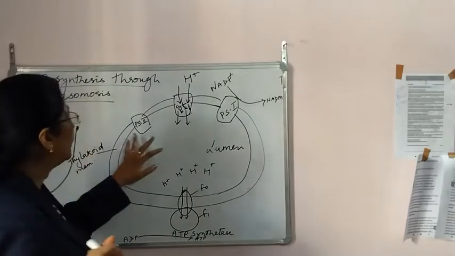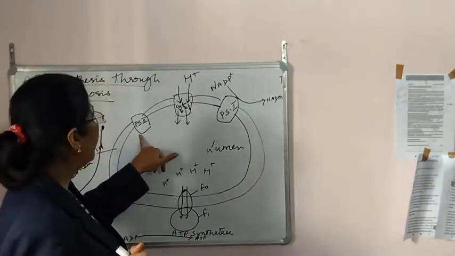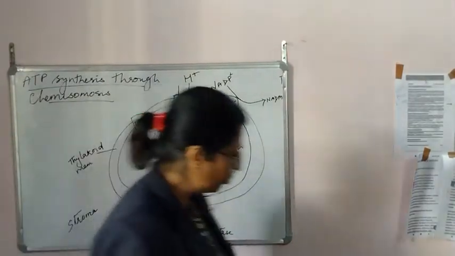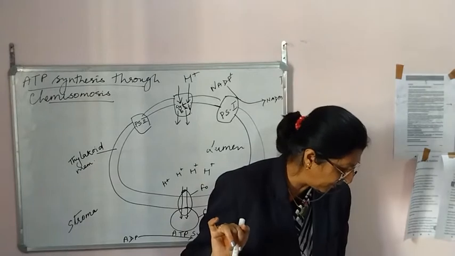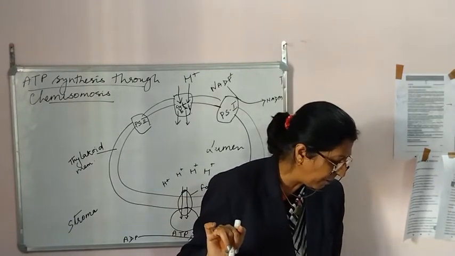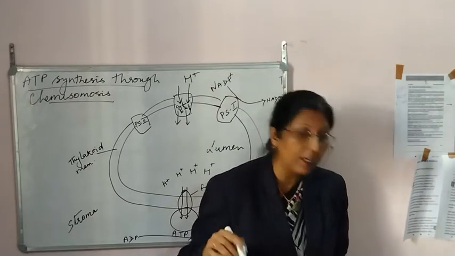So as the electrons pass from PS2 to PS1, protons are transported across the membrane. So as electrons move through the photosystem, protons are transported across the membrane.